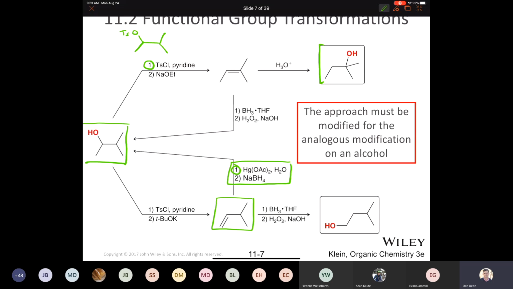Why would I be messing around with mercury? What's so great about mercuric acetate? Who could tell me?